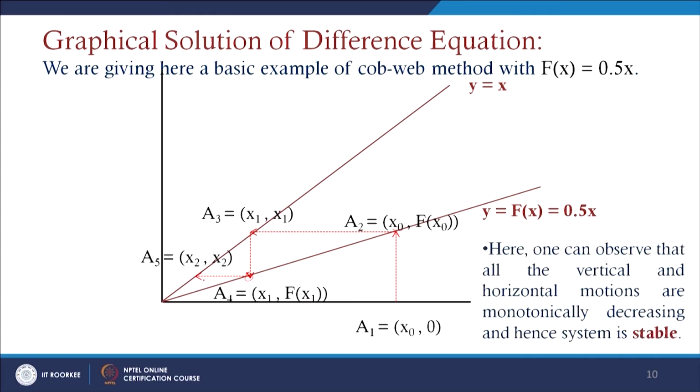Finally, if you plot again, the path goes in this direction, and then again in this direction. So likewise you move towards the origin. Here one can observe that all the vertical and horizontal motions are monotonically decreasing, and hence the system is stable here.